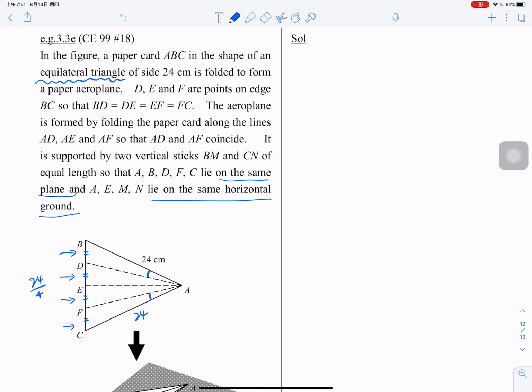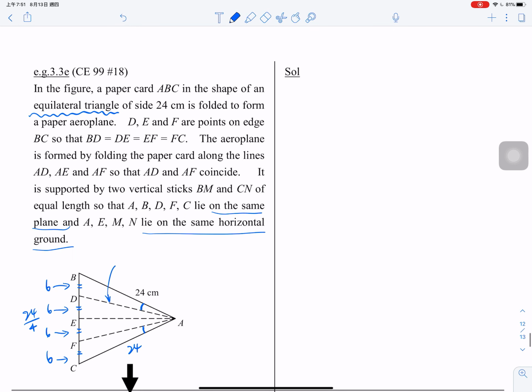Maybe better for us to find this length AD first, then later on we can find the angle BAD. So this one is 6. Now part A. In the triangle ABD, find AD first.